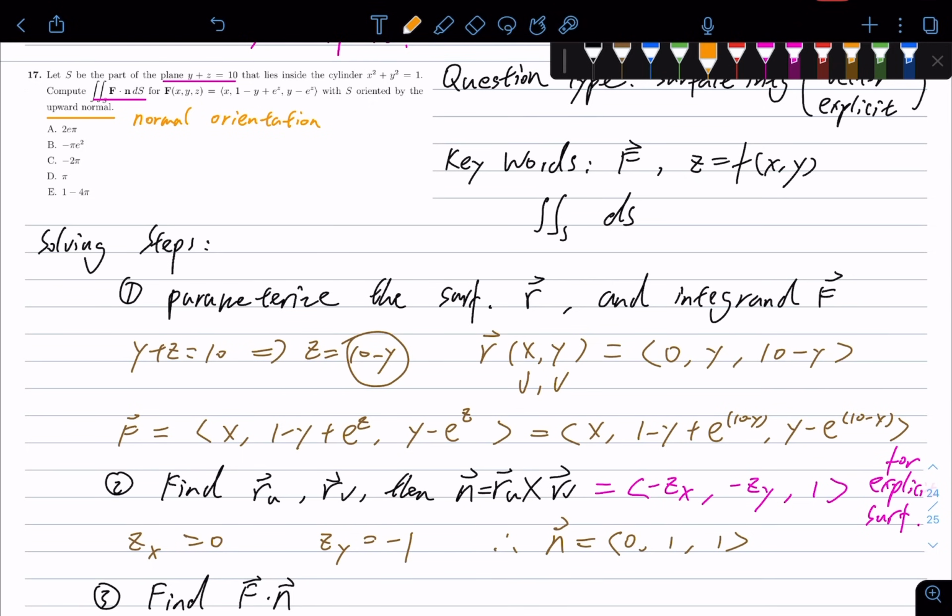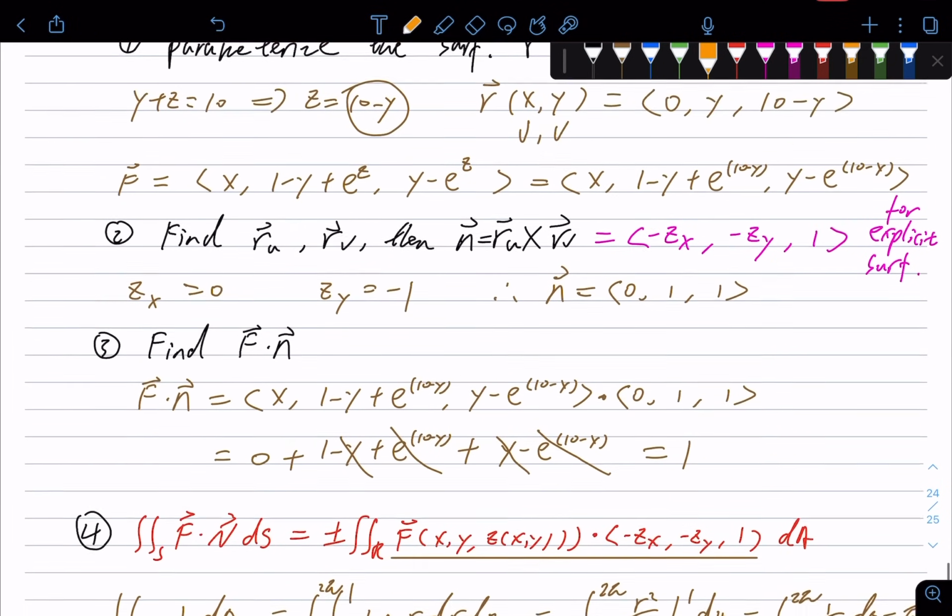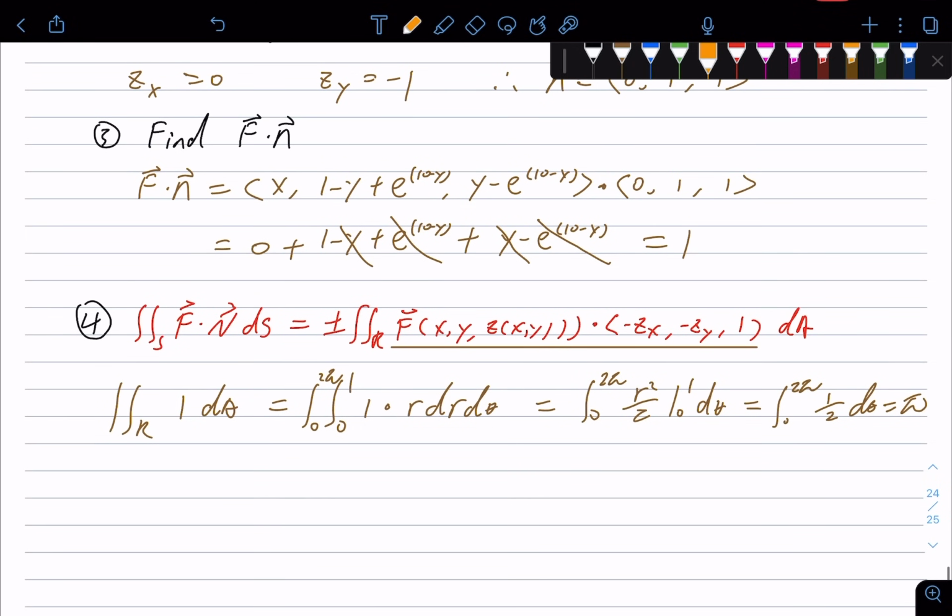If it's asking for the downward normal, we just flip the sign of the integral result after we follow through the normal orientation method, just so that our brain doesn't get confused by a different way of parameterization.